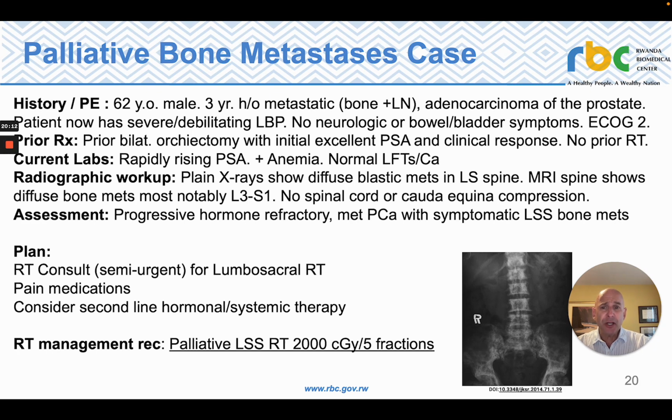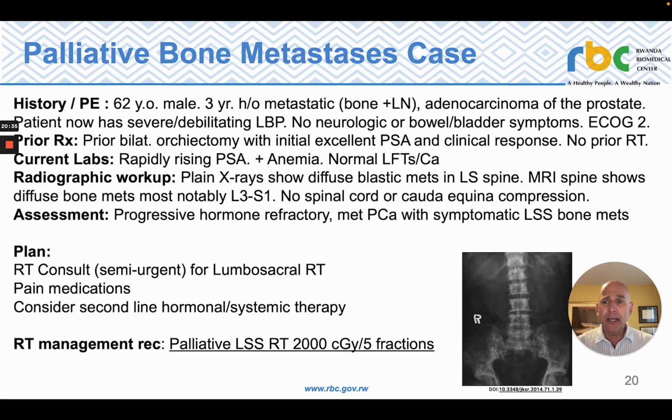For this patient, he now is showing evidence of a rapidly rising PSA, as I said, progressive bone pain, and anemia. He has normal liver function tests and calcium. In terms of his radiographic workup, his plain x-rays demonstrate diffuse blastic metastatic disease in the lumbosacral spine.